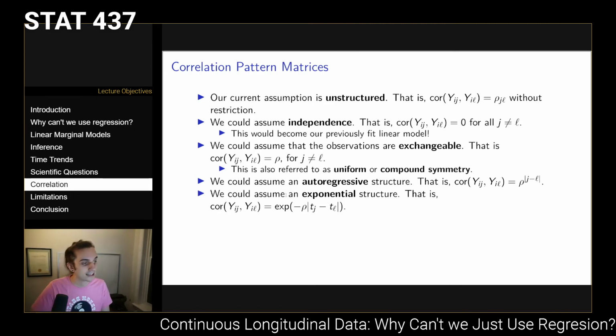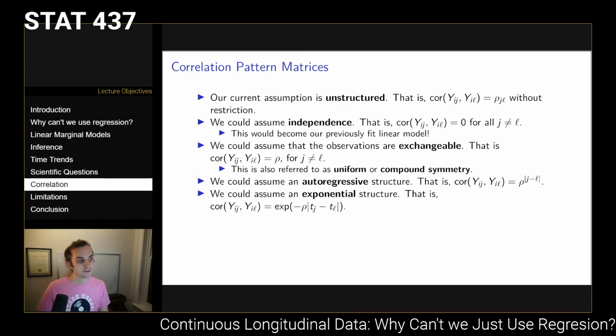Typically we're going to take the exponential function, that's why we're calling it an exponential structure here, but where, again, we have this rho parameter, but now we're multiplying it by the difference in time here. So once again, we're going to see that as Tj and Tl get further and further apart, we have smaller and smaller correlations, but now these t's can be sort of arbitrary, right? We just need the difference in time.